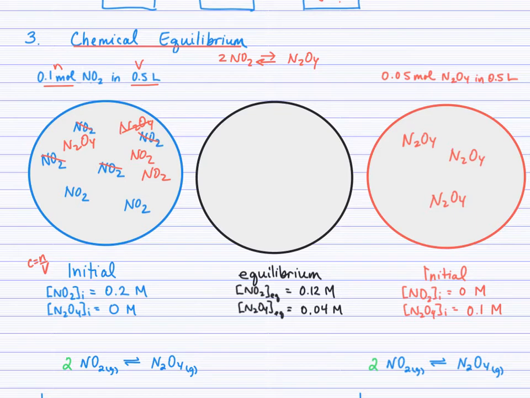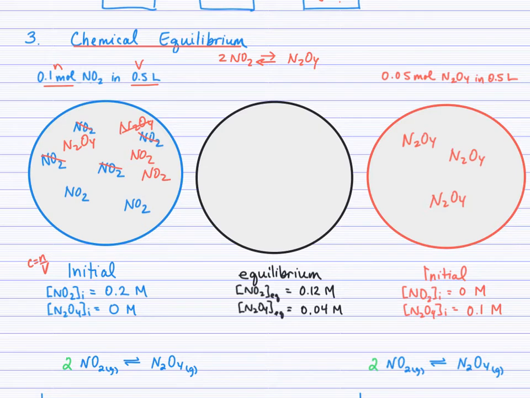At equilibrium, so at the point where the rate of the forward reaction equals the rate of the reverse reaction, the concentrations are provided here in black. So you'll notice at equilibrium that the NO2 concentration is 0.12 moles per liter. So it started off at 0.2 and it's dropped down to 0.12 moles per liter.